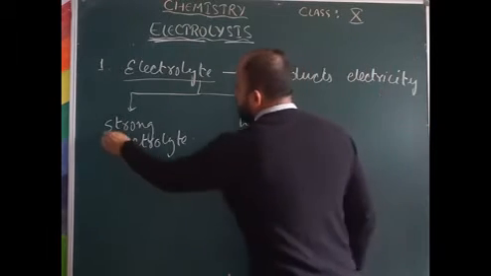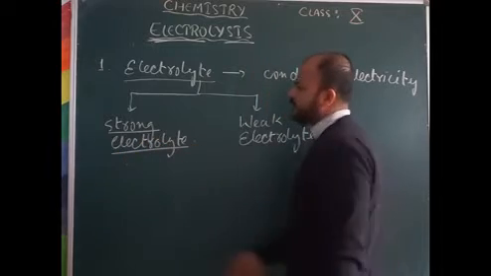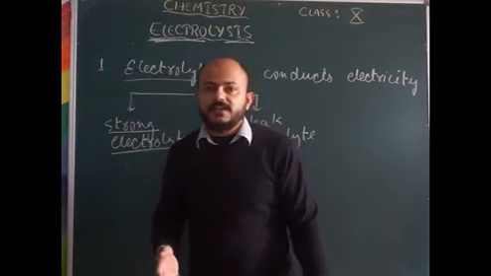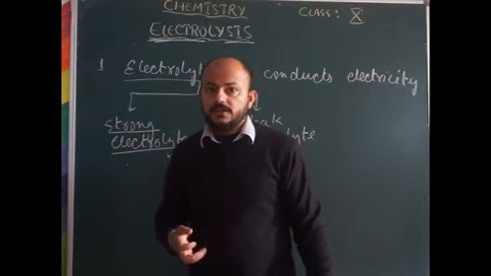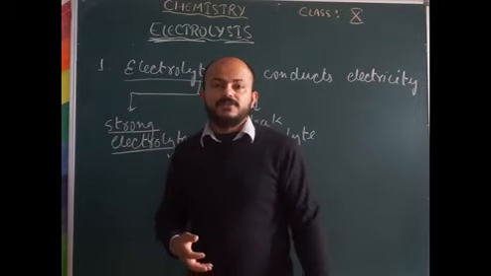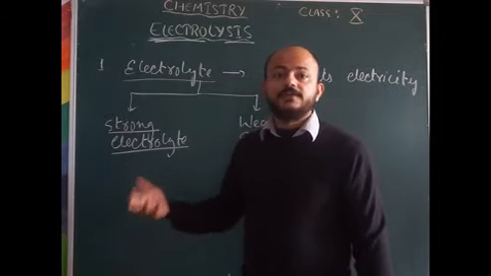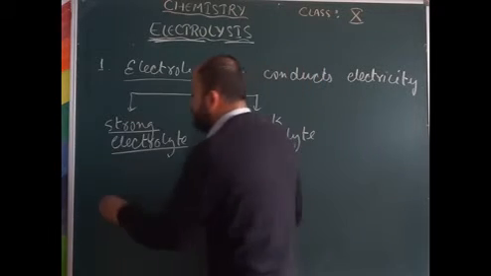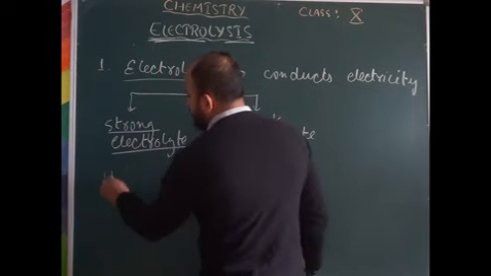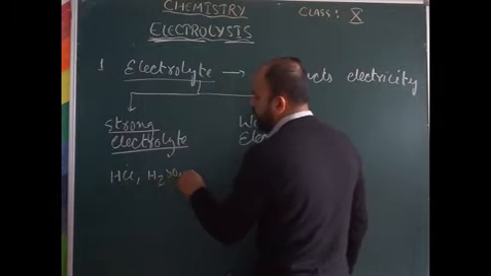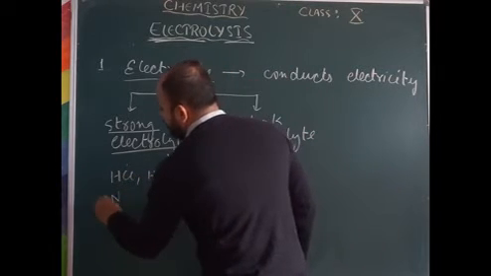Strong electrolytes, by the name itself you can make it out, they conduct a large amount of current, electricity, whenever they are in aqueous solution or in fused state. For example, all the strong acids like hydrochloric acid, sulfuric acid, and nitric acid as well, HNO3.